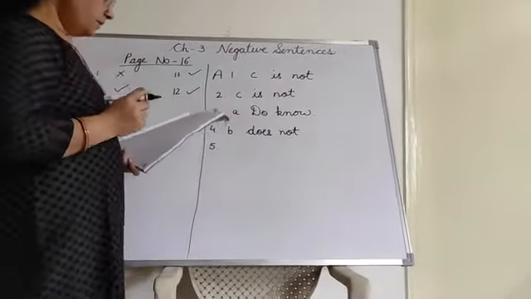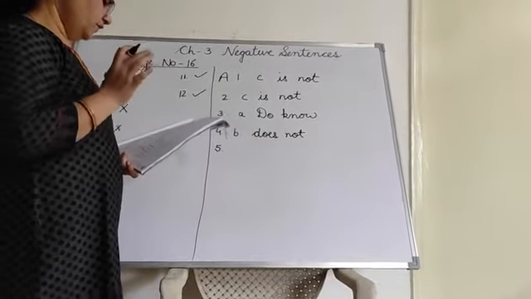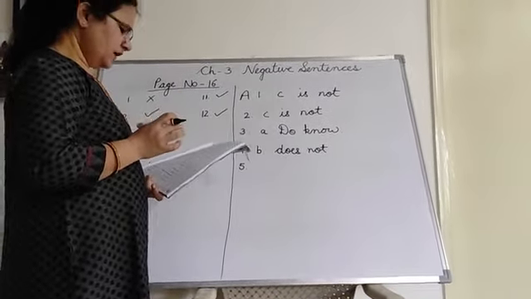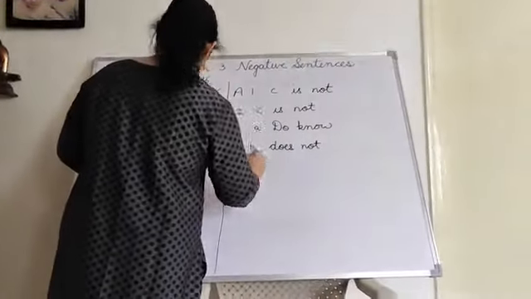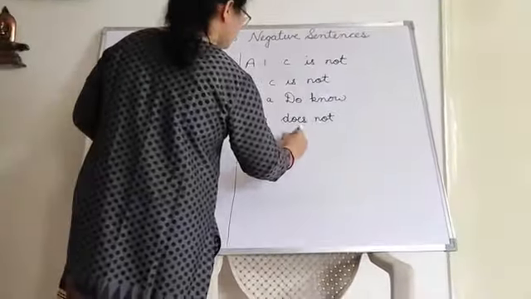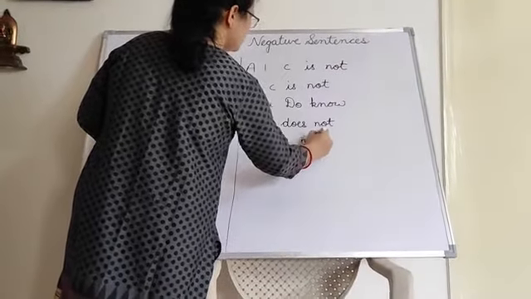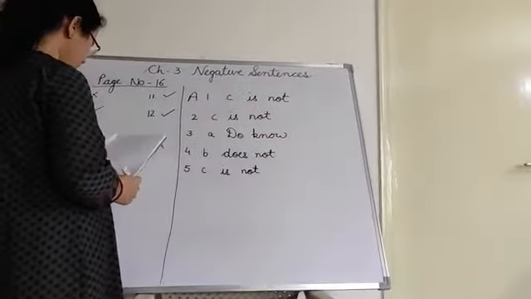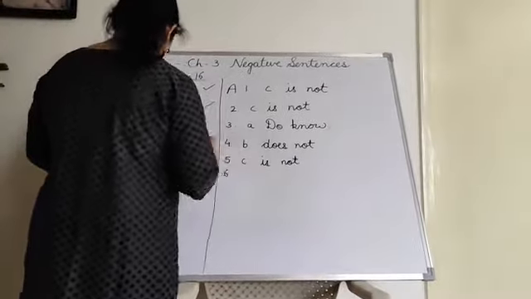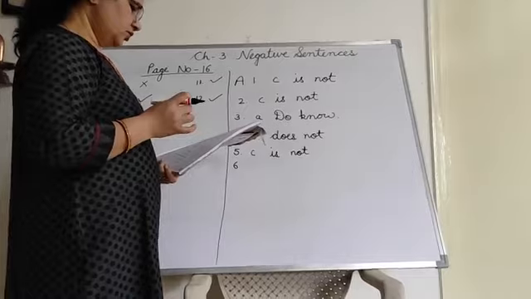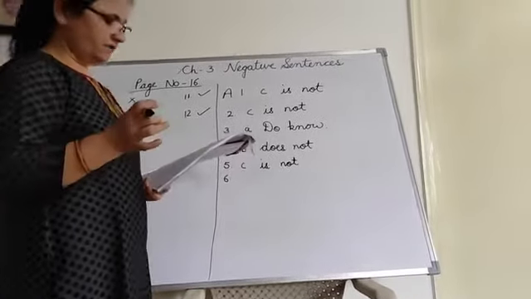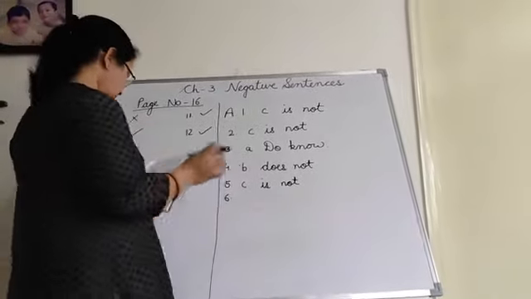Next children, the painting dash beautiful. The painting, what will come? Is not beautiful. So C is correct. The painting is not beautiful. Now sixth one, Abdul and Imran dash brothers. So plural is there. So are will come. Are not brothers.